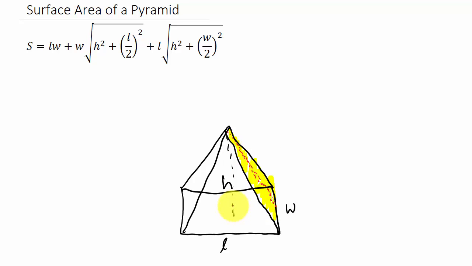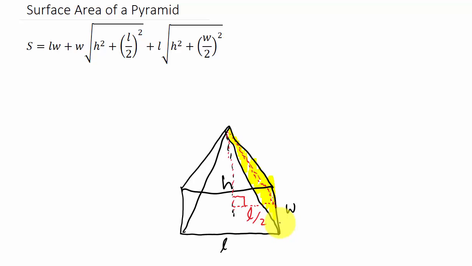If we bring this over here, see how we have this height here, that's a right angle. I have a right triangle right here. So this distance here is half this length, so that would be l over 2.